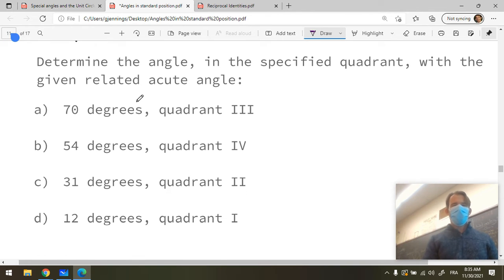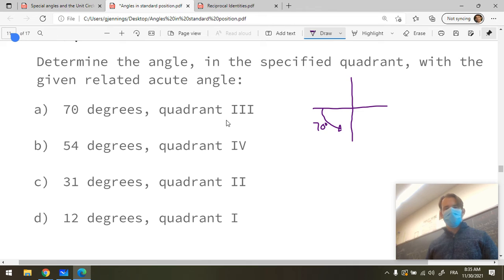So now, if we're given a related acute angle and we're told to put that in a certain quadrant, we can actually find that new angle. Again, visualize or draw diagrams to help you get these correct. Here, 70 degrees and the angle is in quadrant 3. So the way I do these ones is I go to quadrant 3 and then I go 70 more degrees.